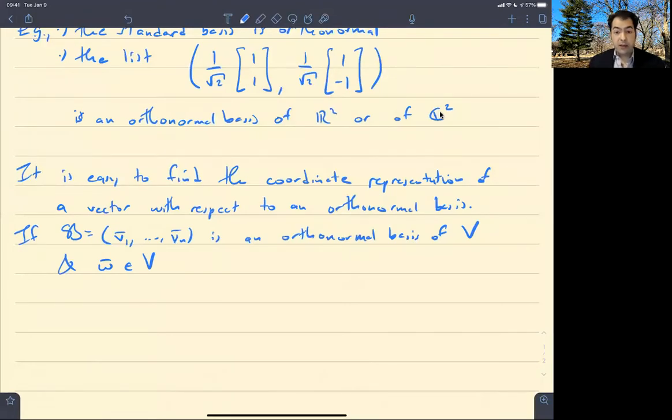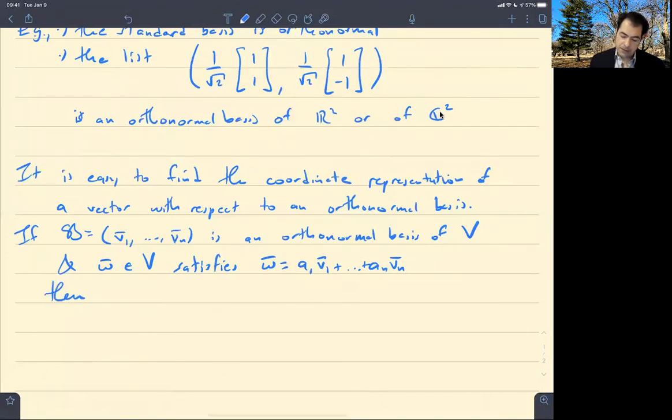Remember, the coordinates of a vector with respect to a basis are the coefficients when you write that vector as a linear combination of the basis vectors. So let's say that W is equal to a1 v1 plus dot dot dot an vn. Then a1 through an are the coordinates of this vector with respect to this basis. So I want to find the coefficients.